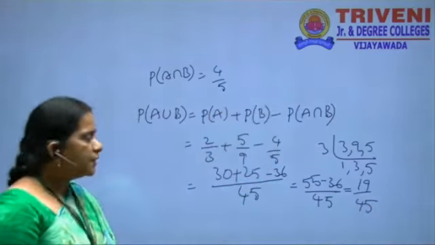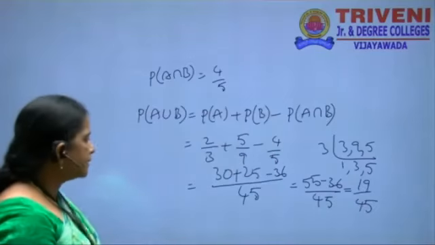The probability of two contracts is 19/45.